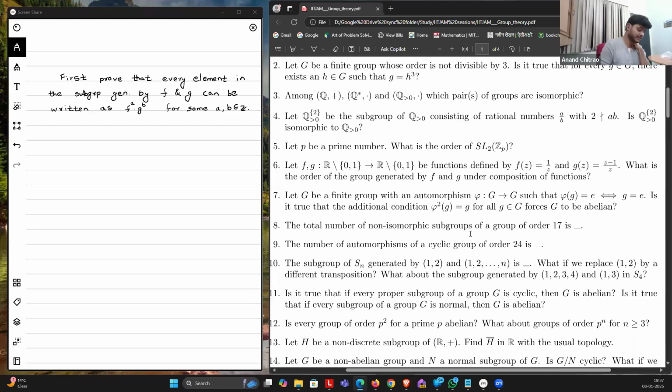First, try to prove this, and if this works, then you can just compute the order of f and the order of g. Now, if the order of f equals 2 and the order of g equals 3, then how many different elements can you get out of this subgroup?